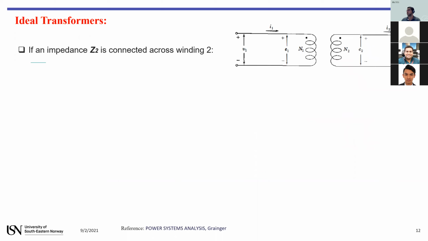So suppose that you have an impedance here, Z2, and it is the ideal transformer. And we want to know, if we have an impedance here, what will be the measured impedance from the other side? We want to calculate this one.